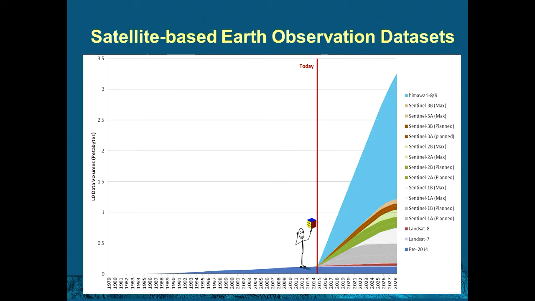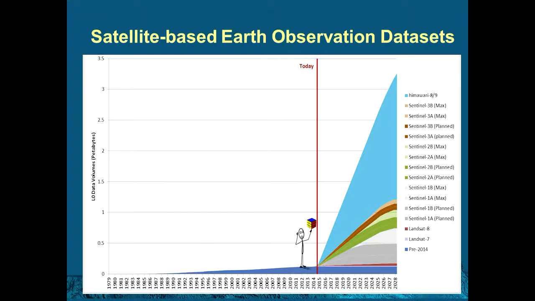Previously, Landsat had 30 meters spatial resolution. Nowadays, with the Sentinel 1 and 2 series, you have 10 meters resolution. The higher the resolution, the more data you will have. The temporal resolution has also increased.